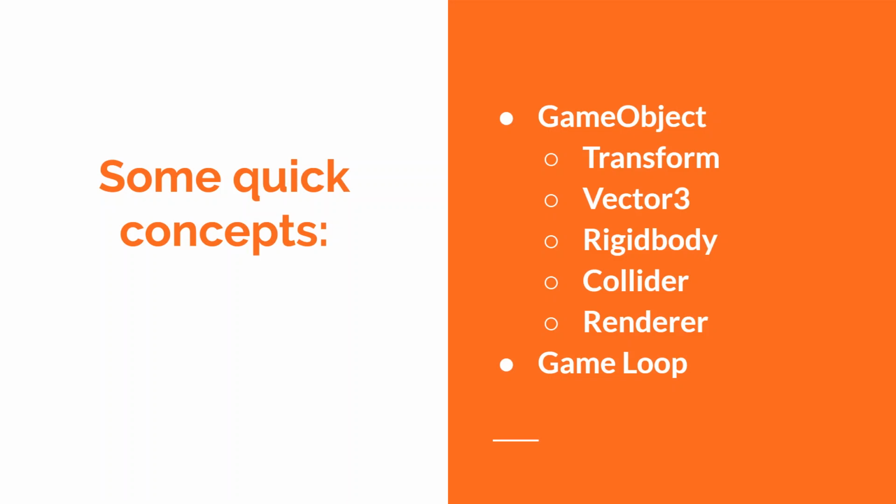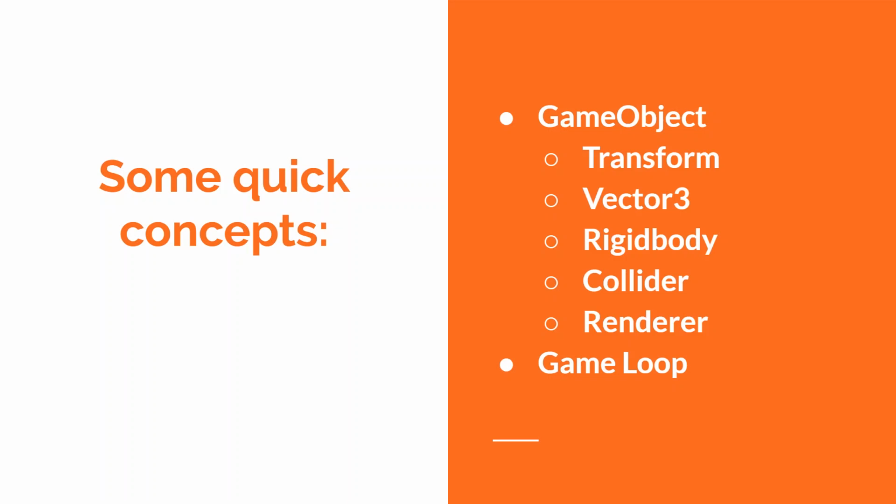Okay, so really quick, these are just some key terms that we're going to cover tonight. So in Unity, everything is a game object. 90% of the time. Don't worry about that other 10%. We're just going to dive into this and get you guys making some stuff. A game object usually has a couple of components on it.